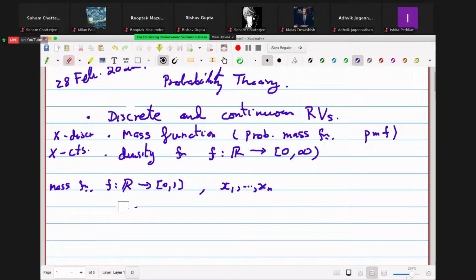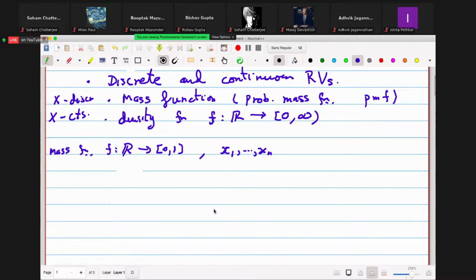What is important is to understand the distinction between the two. So what is the density function, on the other hand? Let me recall for you.